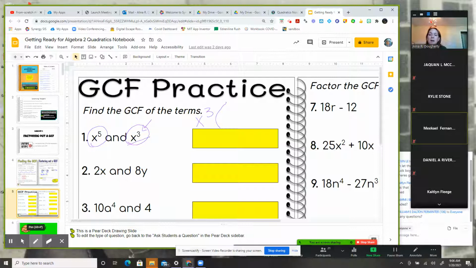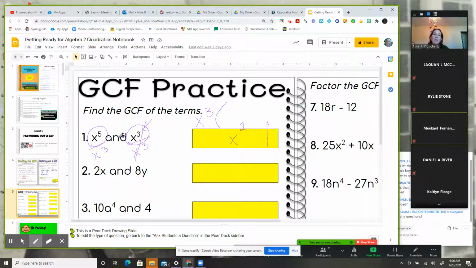So I'm going to divide by x cubed and divide by x cubed. This is going to be just 1, right? So I'm going to be left with x squared over here, and left with 1 on the other side. So if I take that x cubed out, I'm left with x squared and 1, right?